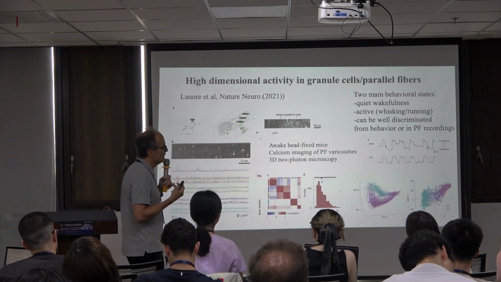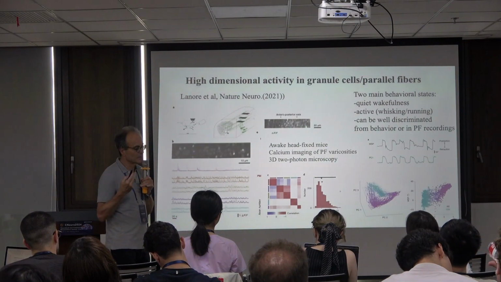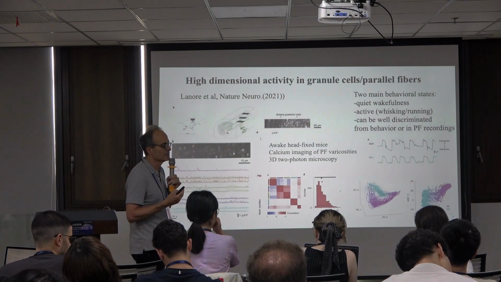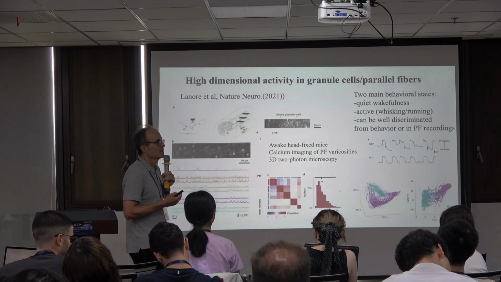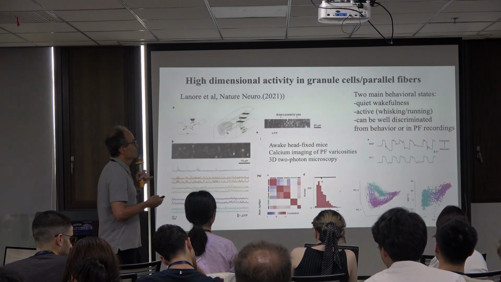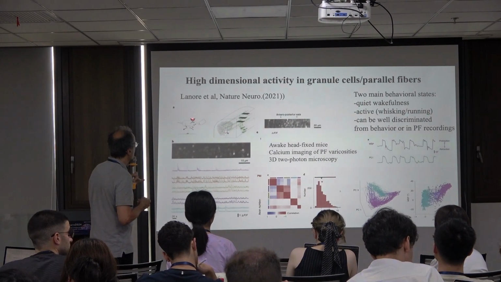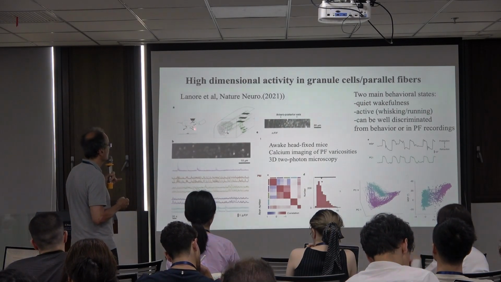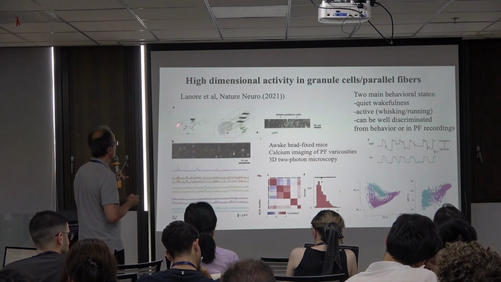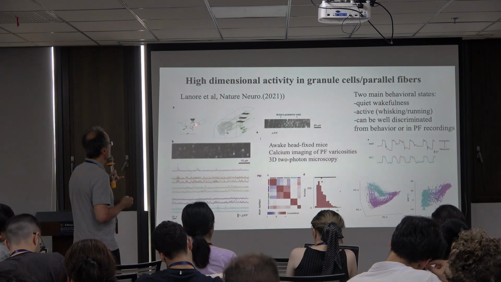And their idea is that in this previous study, low dimensions were found because the behavior was very limited. So sometimes the input to the granule cells was also very low dimensional. So they tried to measure this with higher input. They have a mouse on a wheel that is head fixed, but it can run, do things. So the behavior is a bit complex.